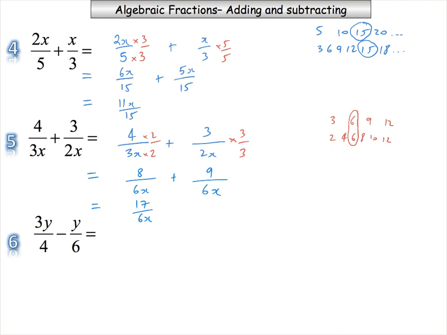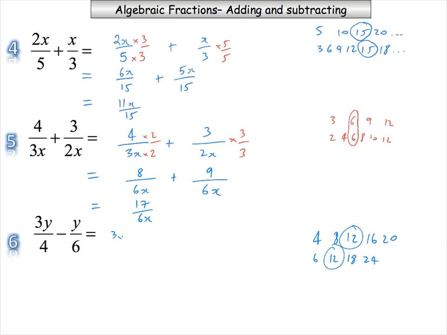Okay, and the last one, common multiple of 4 and 6, so 4, 8, 12, 16, 20, etc. 6, 12, 18, 24, etc. Common will be multiples of 12, so the first one will be 12.